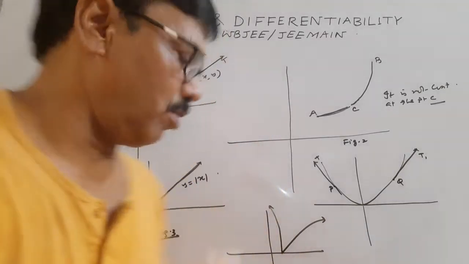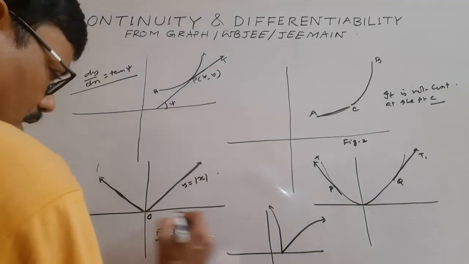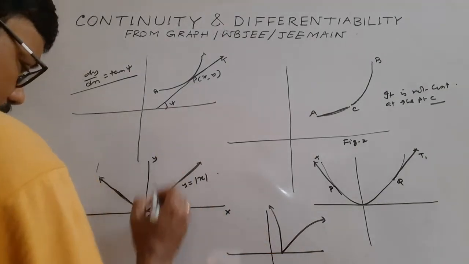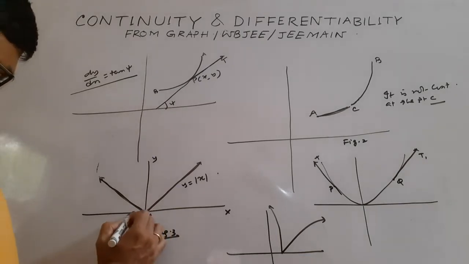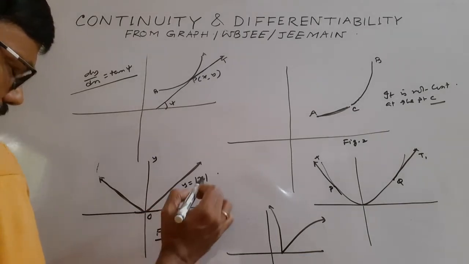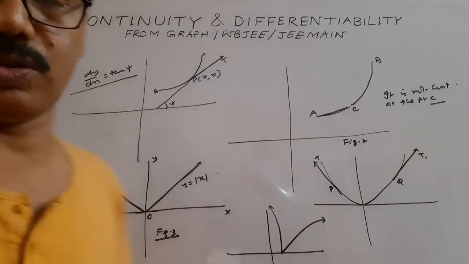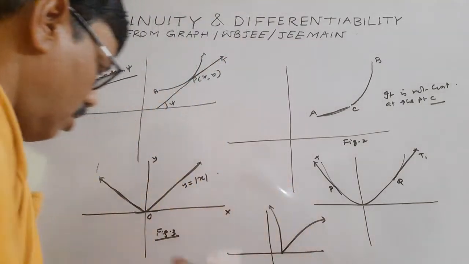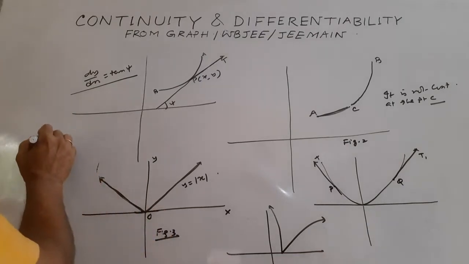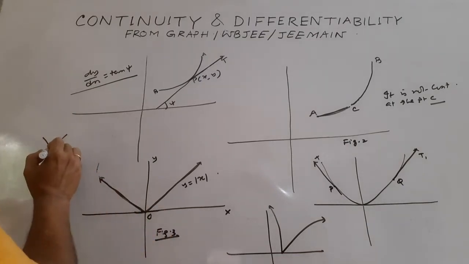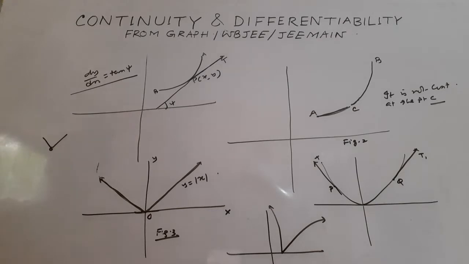But look at the origin, at x equals 0. You cannot draw a unique tangent at x equals 0. It has a sharp end at x equals 0.